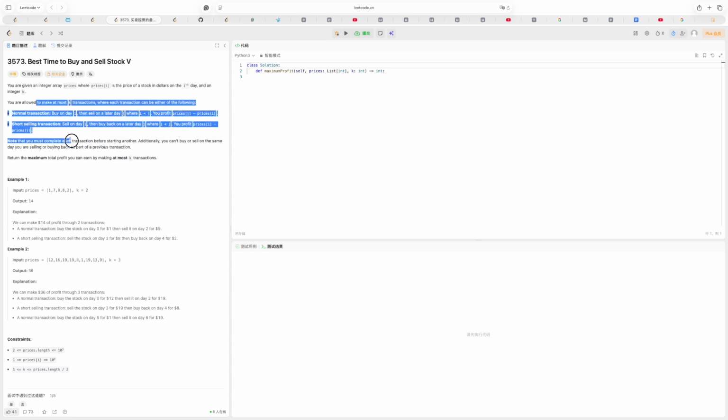I think it is telling you that you must complete each transaction before starting another, so you can only hold one stock at a time. Yeah, so it is at most k transactions.